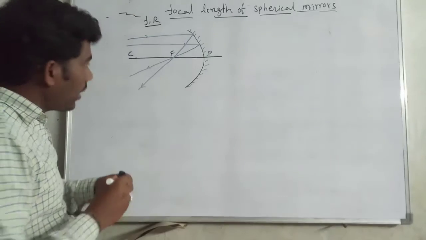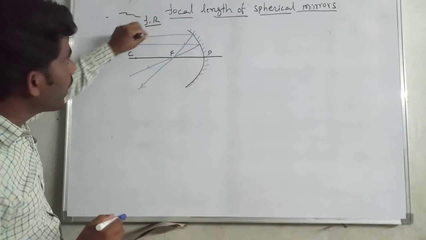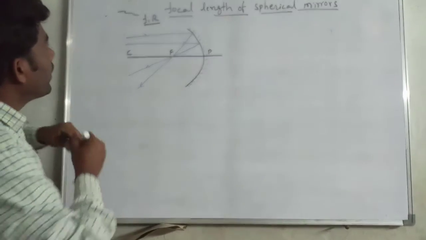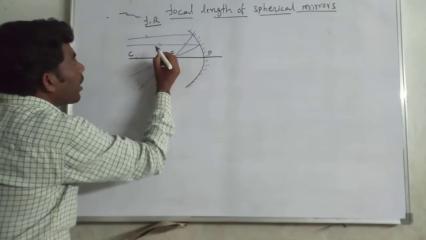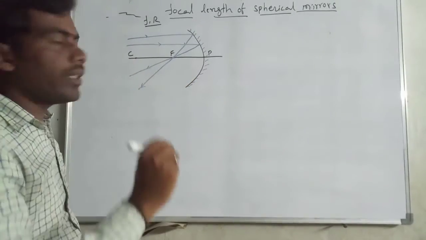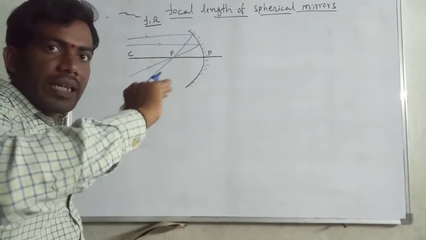This ray is coming from the outer, and after reflection it is inner, because light travels in a straight line.